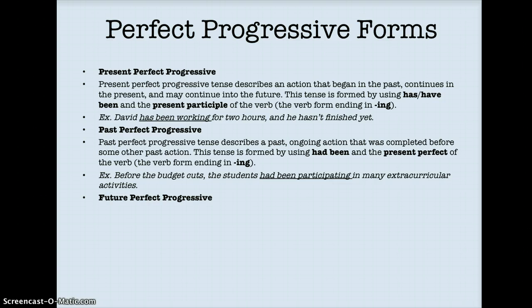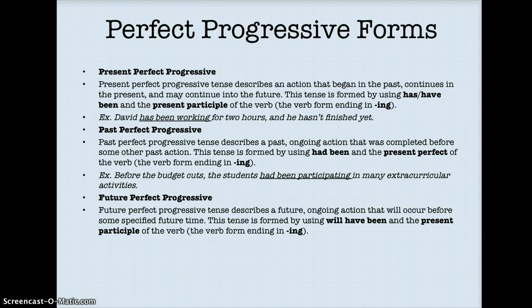And lastly, future perfect progressive. Future perfect progressive tense describes a future ongoing action that will occur before some specified future time. This tense is formed by using will have been and the present participle of the verb, basically the verb form ending in ing.